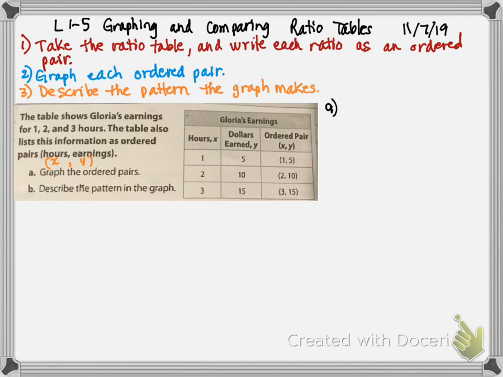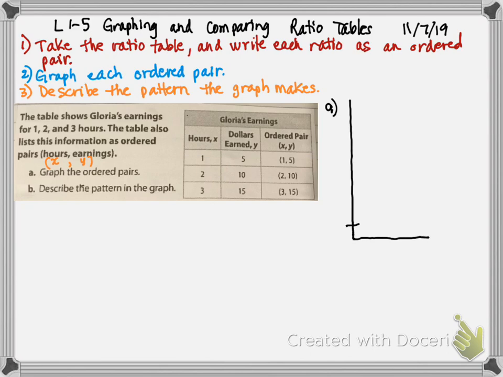in the graph. Okay, so when I'm getting ready to build a graph, first thing I'm looking at is how big do my X's get versus how big my Y's get. So I know my X's go up to 3, and I know my Y's go up to 15. So my Y-axis is going to have to be substantially long. Okay, so, and my X-axis doesn't need to be so long.